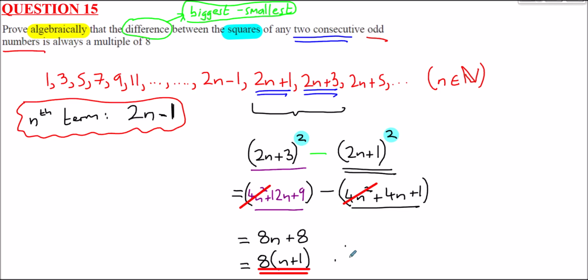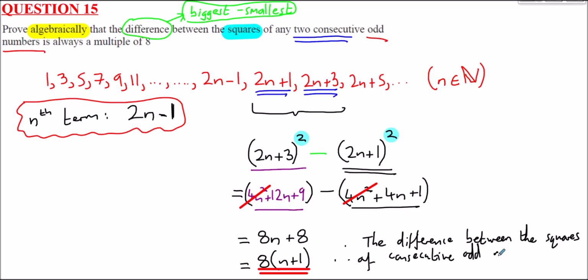So in this case, I'd say, therefore, the difference between the squares of consecutive odd numbers is always a multiple of 8. And then we're done.